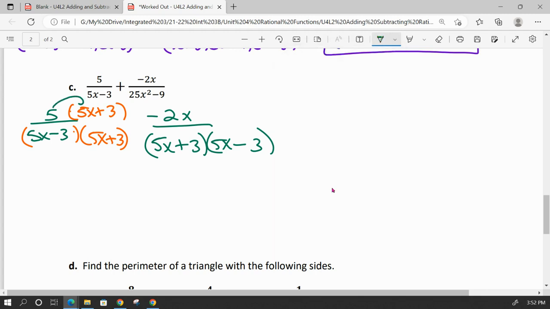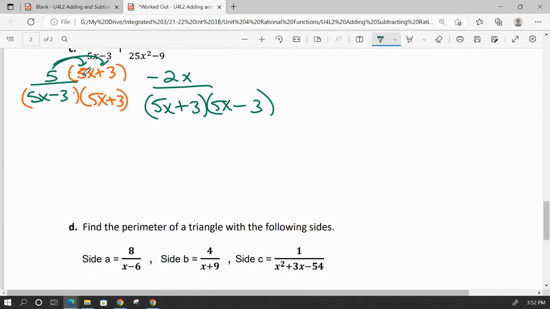So now you're going to simplify your numerator by distributing the 5 to the 5x and the 3. So 5 times 5x is 25x. 5 times 3 is 15. My denominator is 5x minus 3, 5x plus 3.